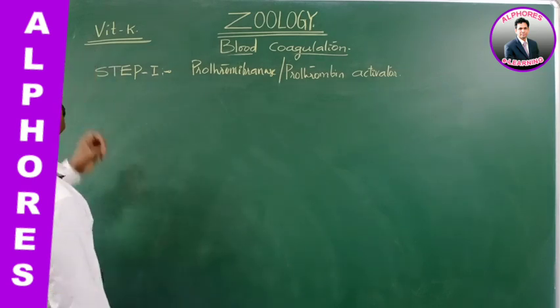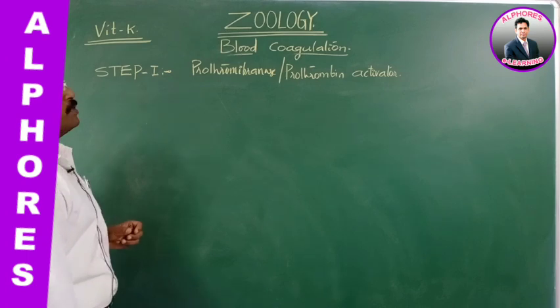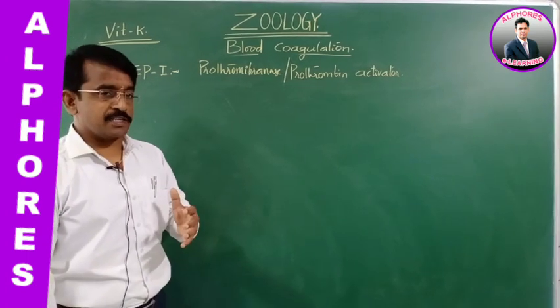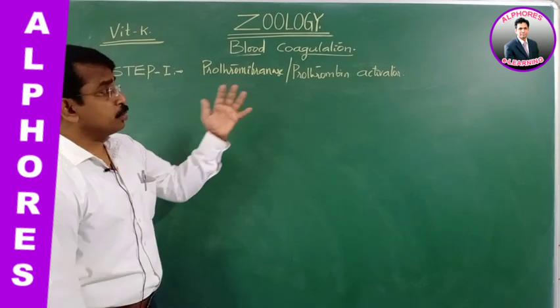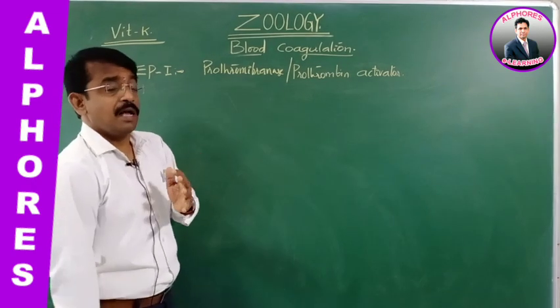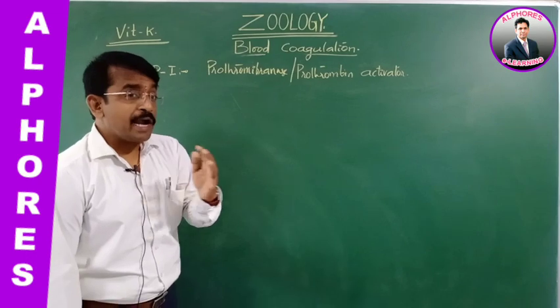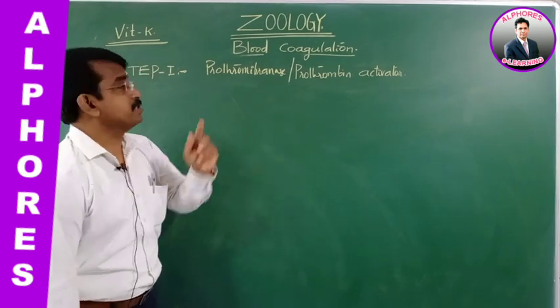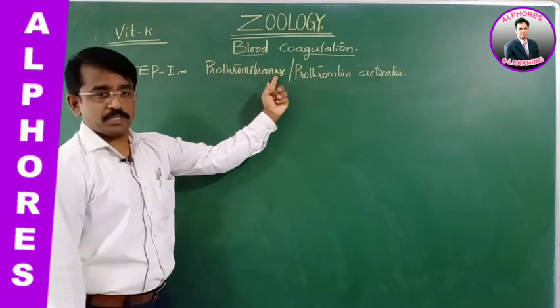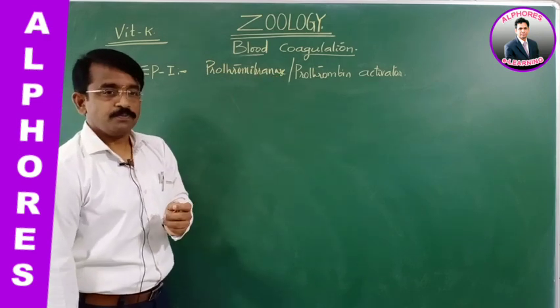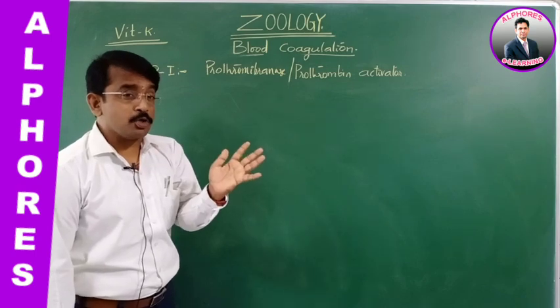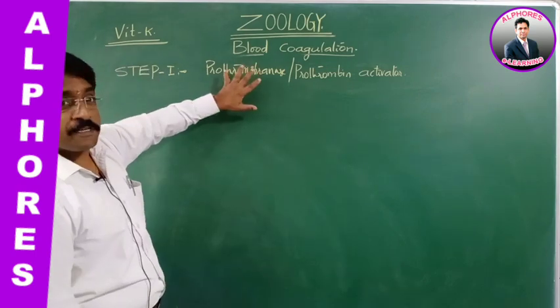So in this, the first step is prothrombin activator formation. Prothrombin activator is the one which makes the prothrombin activation, that is none other than prothrombinase, an enzyme which acts as a catalyst in the conversion of prothrombin into thrombin. That's the first step.